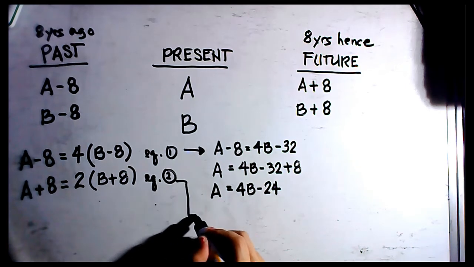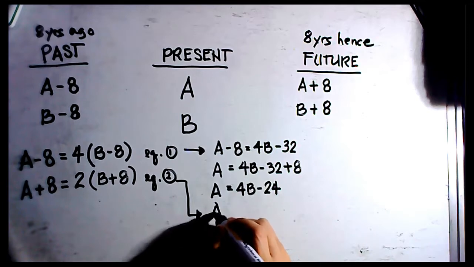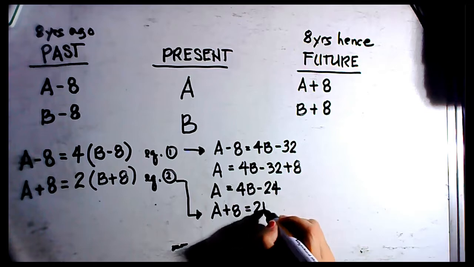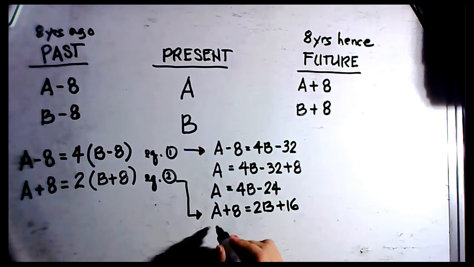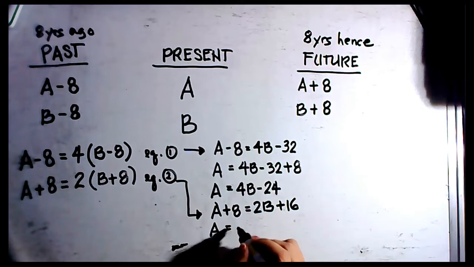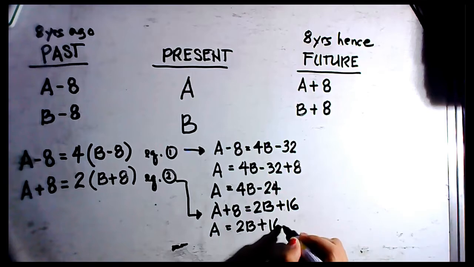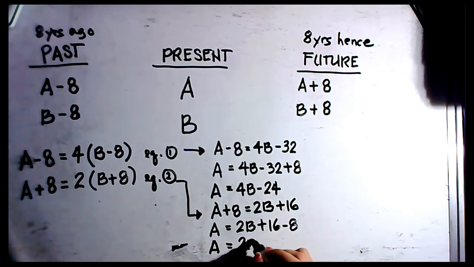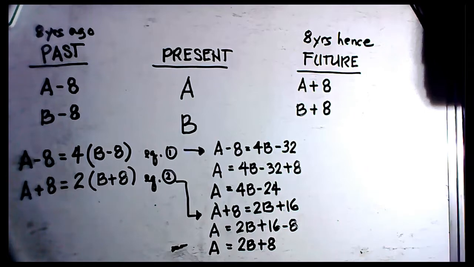Then from equation number 2, we will have A plus 8 is equal to 2B plus 16, or A is equal to 2B plus 16 minus 8, or A is equal to 2B plus 8.